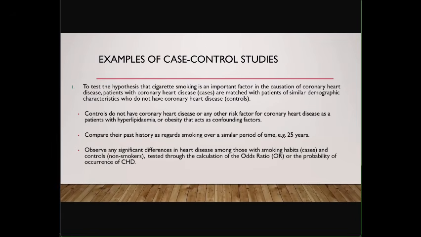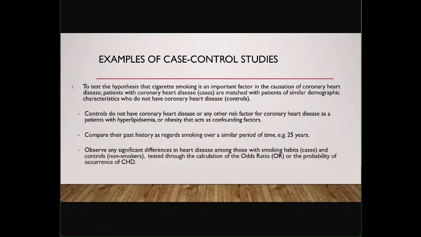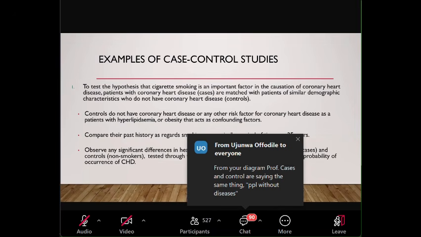Okay, let me explain a few things for you in terms of the selection of cases. Now, look, let's see. To test the hypothesis that cigarette smoking is an important factor in the causation of coronary heart disease, or say, in my case, maybe lung cancer, right?